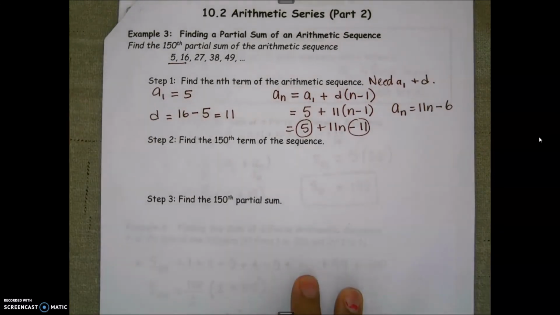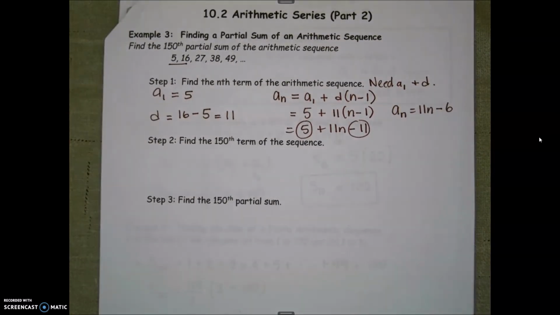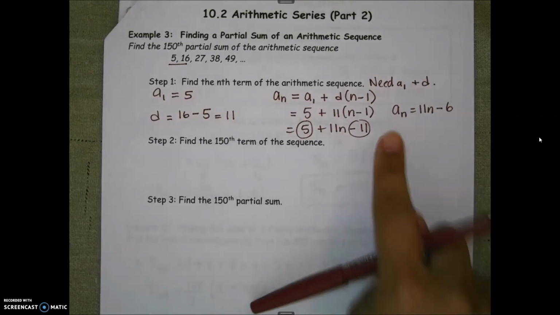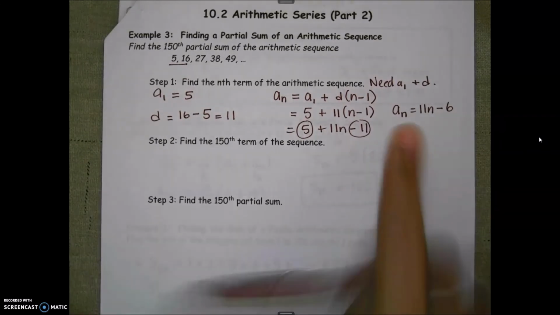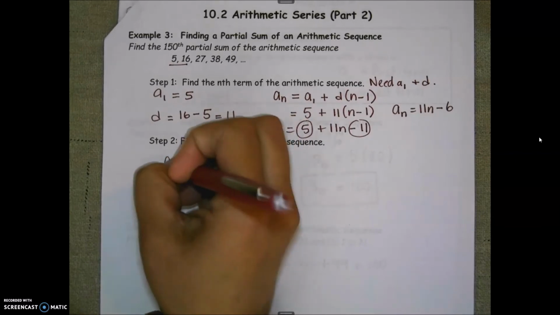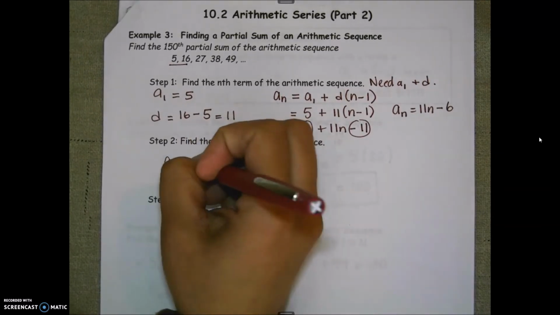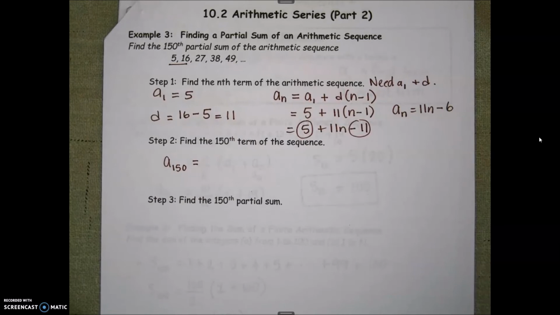Okay, that's the formula. The second thing I want to do is, remember, in order to find the sum of a series, you need to know what A1 is, and you need to know what the last term of that sequence is. So in this case, I need to know what the 150th term is going to be in this sequence. That's where the formula from step 1 comes in, because at step 1, I can find that particular answer for the 150th term.